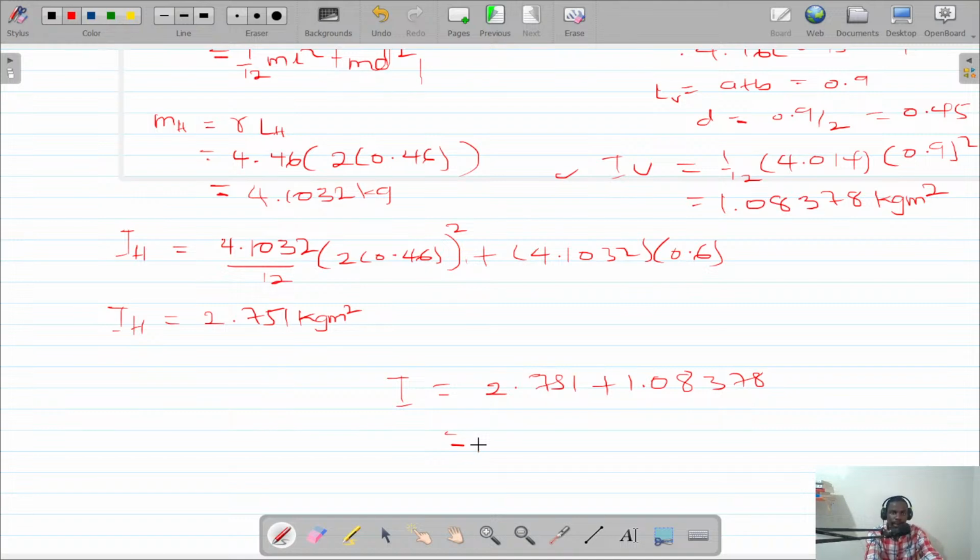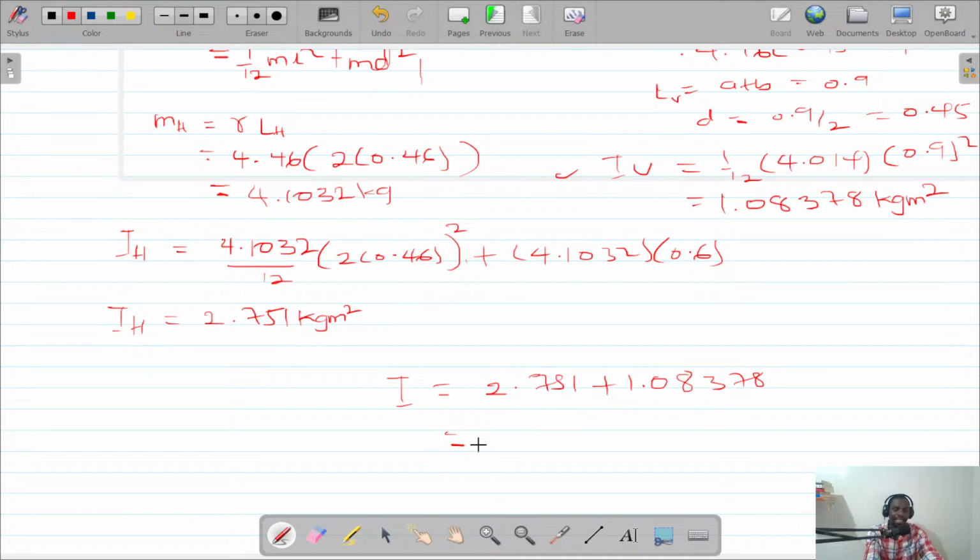Please, can you explain the two rotations of a cylinder rod along the end and center? It's confusing. Okay. So the thing is, you don't need to worry about whether it's at the center or at the end. I stated that you should forget about that 1/3 ml squared.